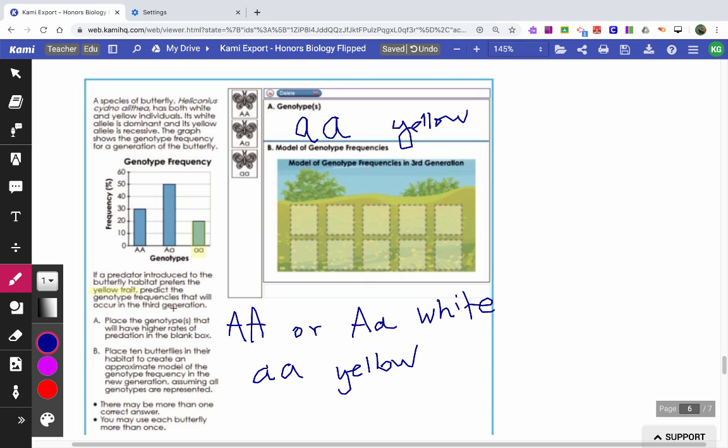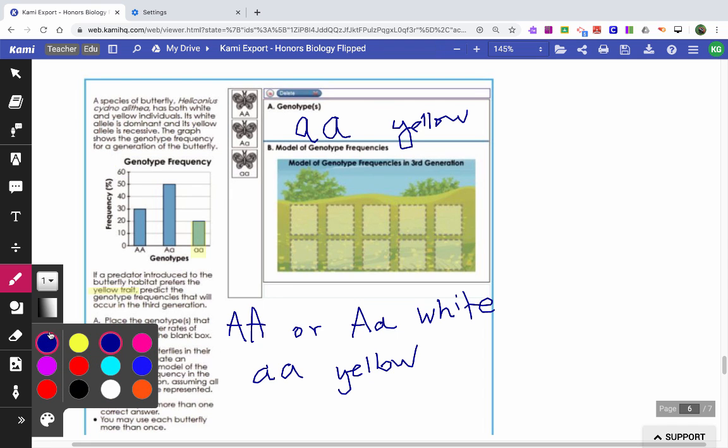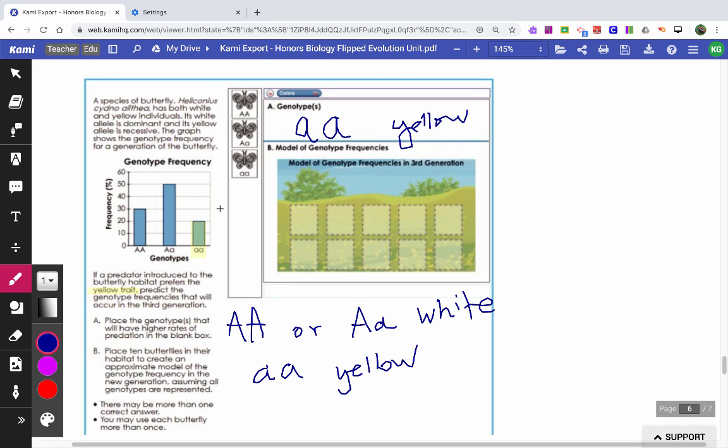And then it wants us to make a new population frequency prediction based on that information about the yellow now being more predated. So if the yellow butterflies are now going to be eaten more by a predator, you would predict that the numbers of those would go down, right?